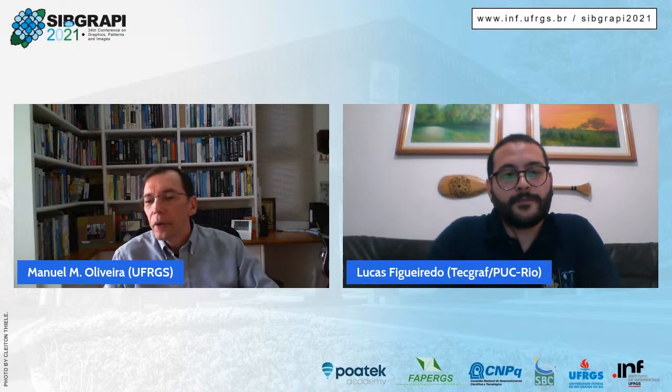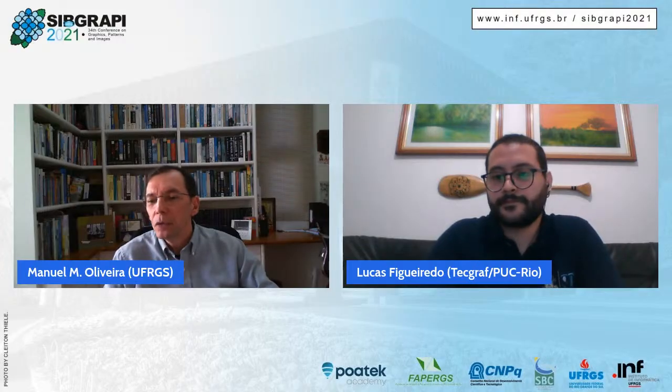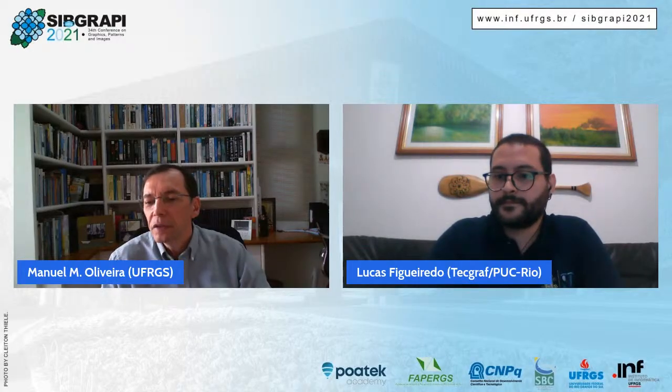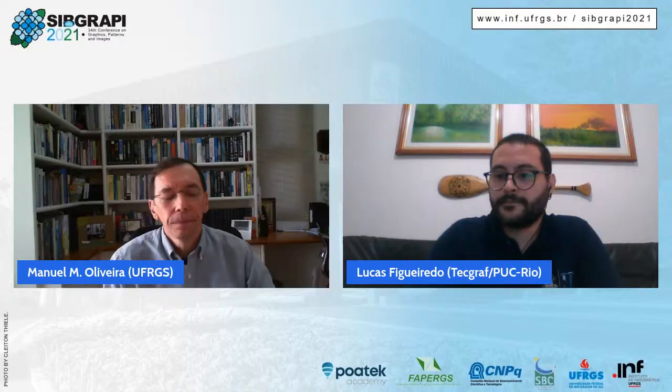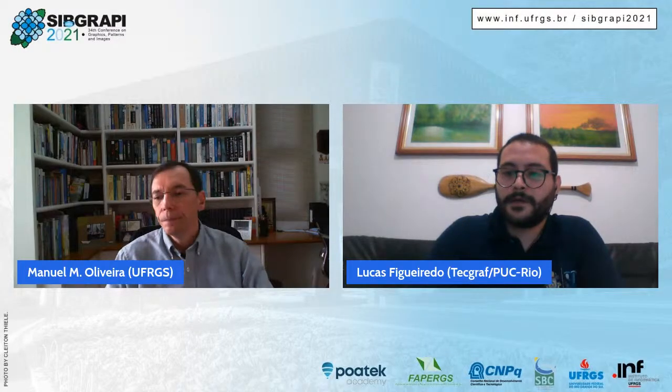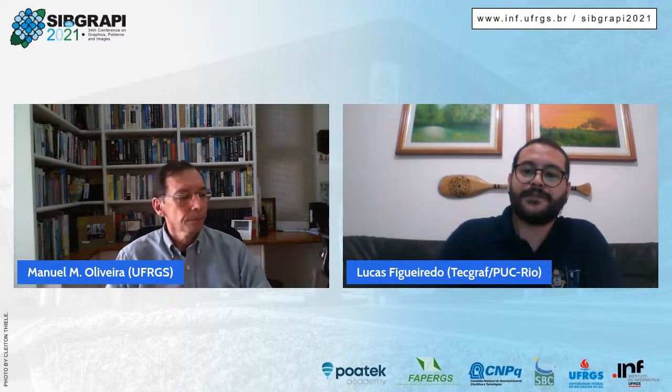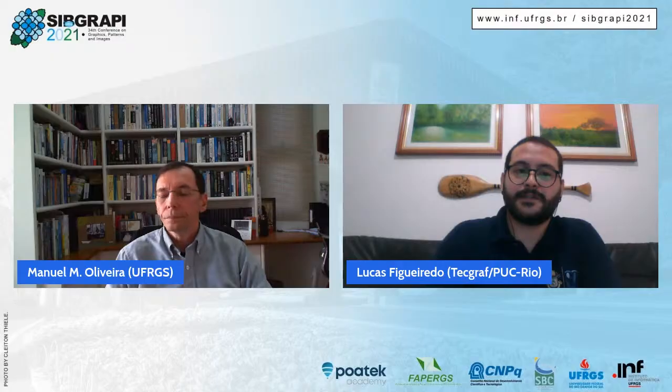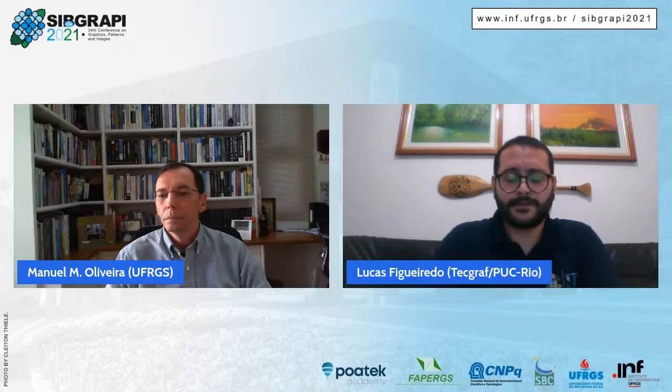Okay, so we have a question from Joaquim Bento. Is your method affected by the mesh density? Assuming that the mesh density you mean is the point cloud density, yes, indeed.